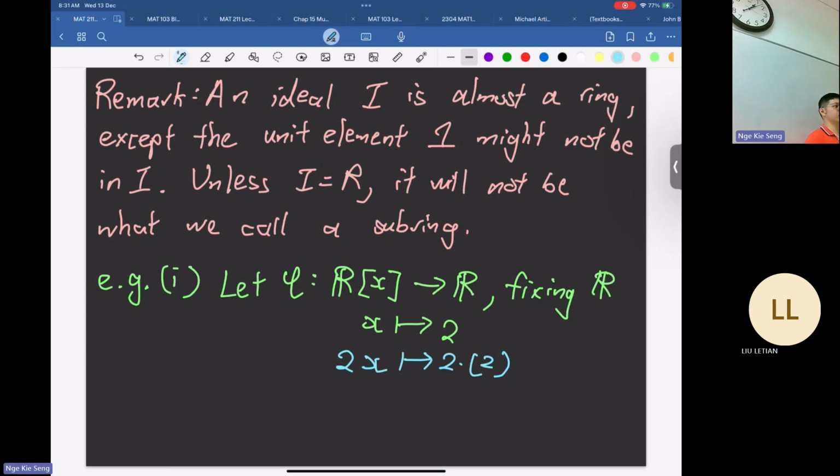Anyone want to guess what's the kernel of this map? What's the polynomial that gets sent to 0? Of course, 0 is always in the kernel, since 0 always gets sent to 0; this is a property of group homomorphism. Does a constant function get sent to 0?